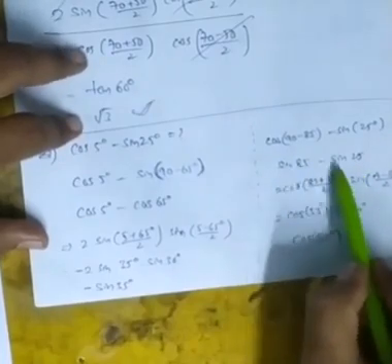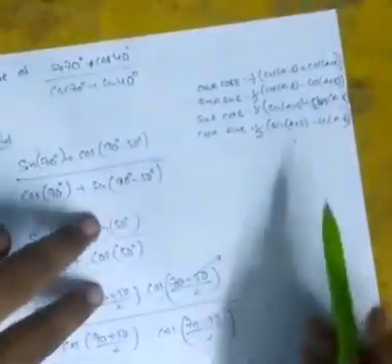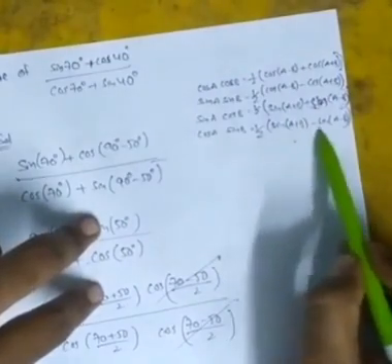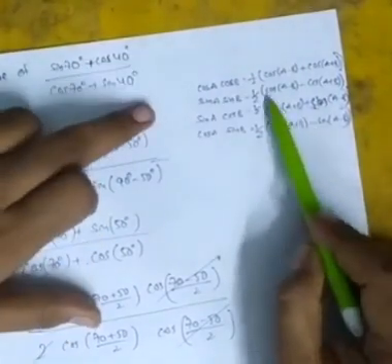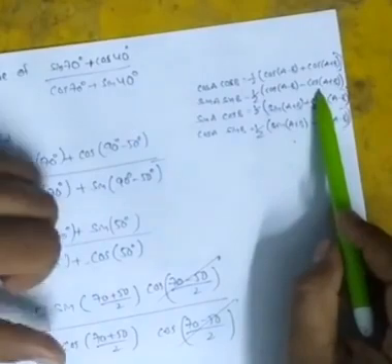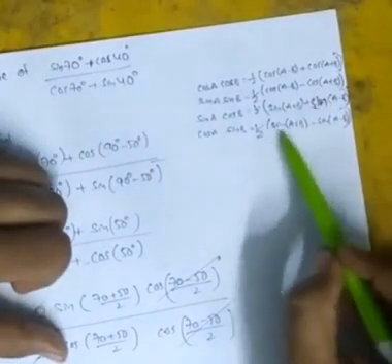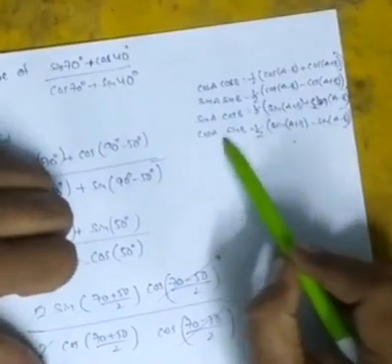Again it is sine minus sine. The sine minus sine formula is the last one. So here it is 2 into cos into sine.